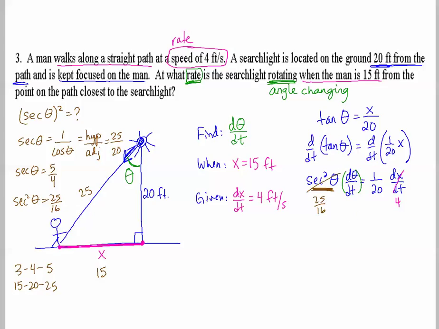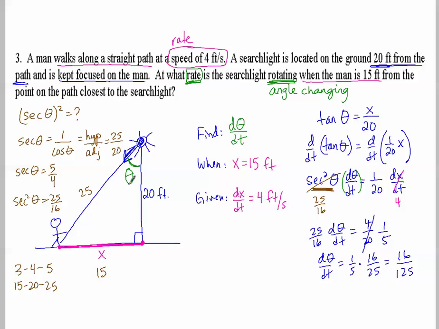So now I can get d theta dt by itself. 25 over 16 d theta dt equals 120 times 4, or 4/20ths, or 1/5 d theta dt, multiplying by the reciprocal. 1/5 times 16 over 25 looks like 16 over 125.